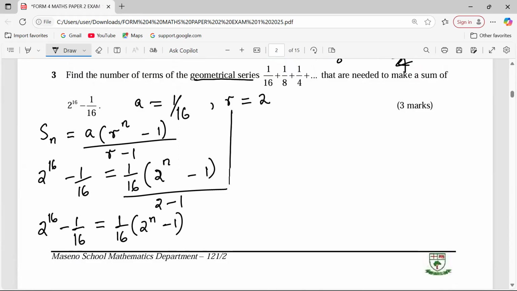Let's continue solving the same equation to see whether we will get the value of n. I can open these brackets so that I have 2 raised to 16 minus 1 over 16. This is equal to 1 over 16 can multiply here.